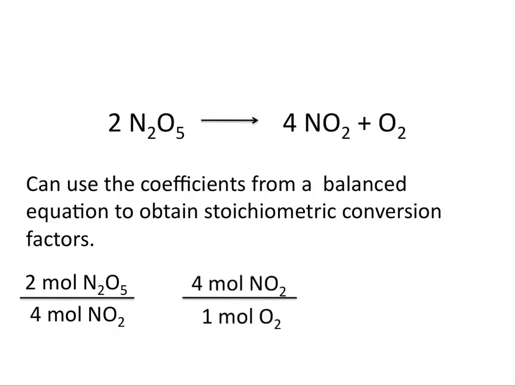We could also use this equation to tell us that for every 4 moles of NO2 produced, 1 mole of O2 would also be produced. And likewise, for every 1 mole of O2 produced, 2 moles of N2O5 are required.